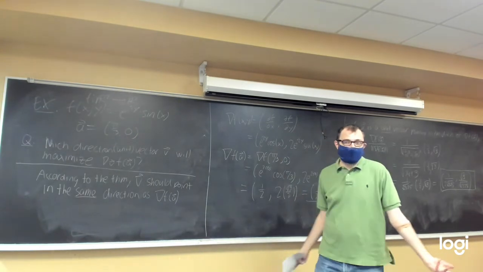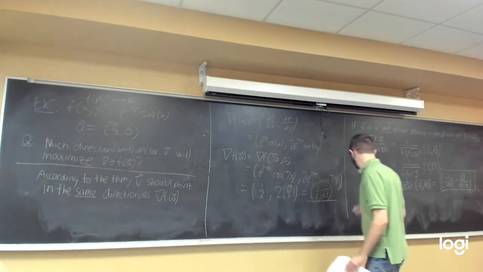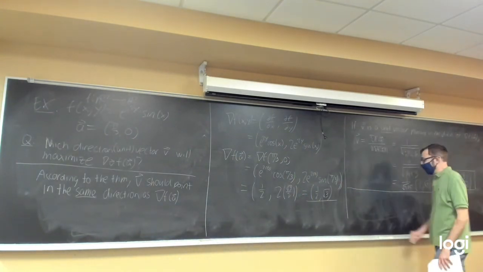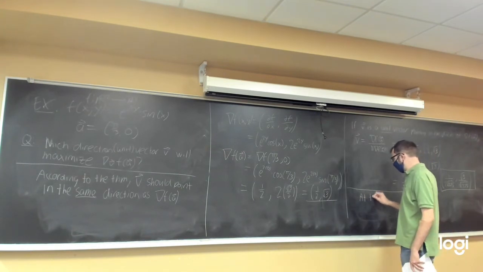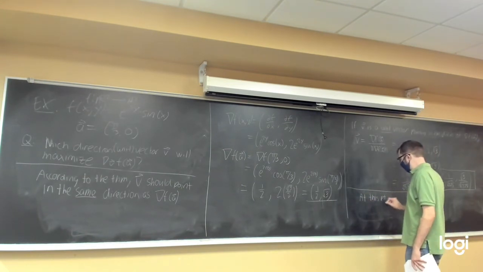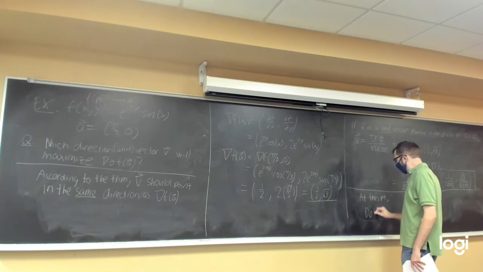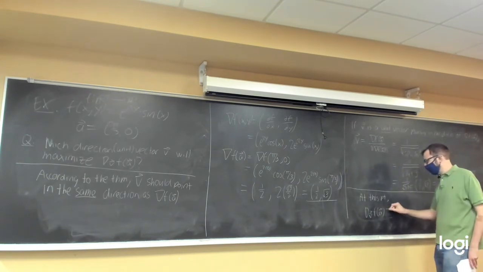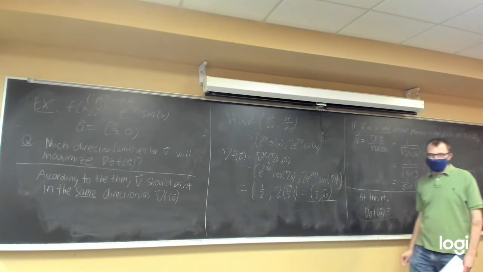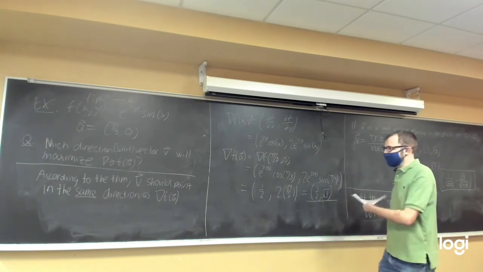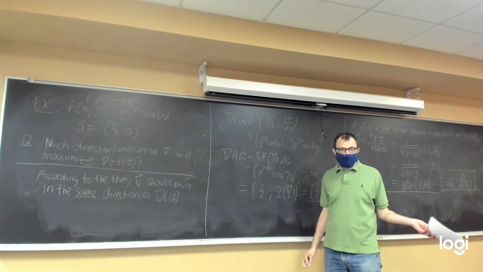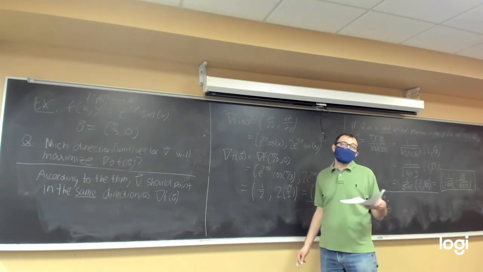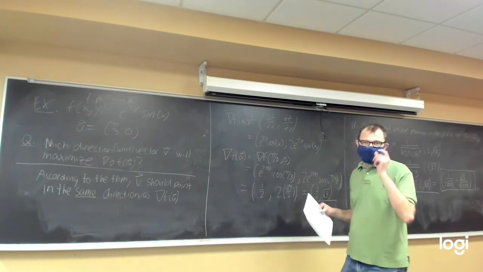So what is the directional derivative going to be at that point? Well, we can say at this point, the directional derivative of f at A in the direction of this vector v. Well, we could go through the process of taking the gradient vector and dotting it with that vector v. But the theorem told us what this is just going to give us.